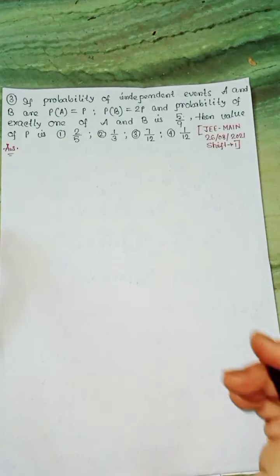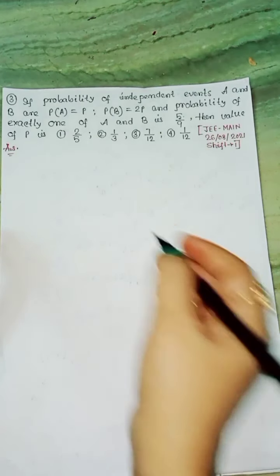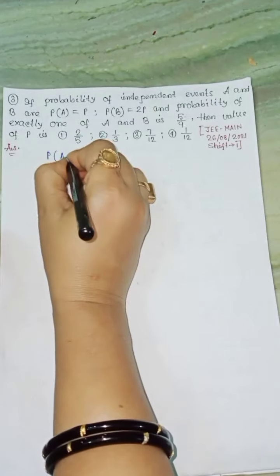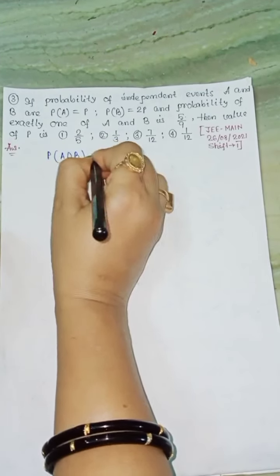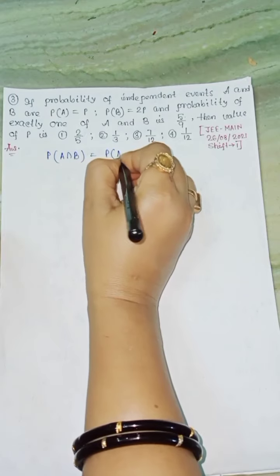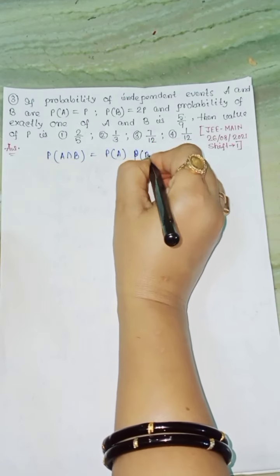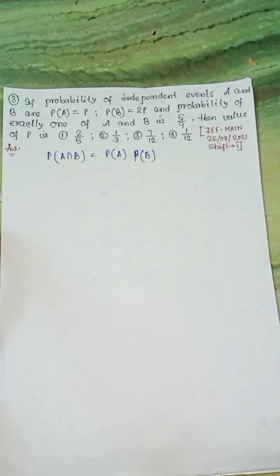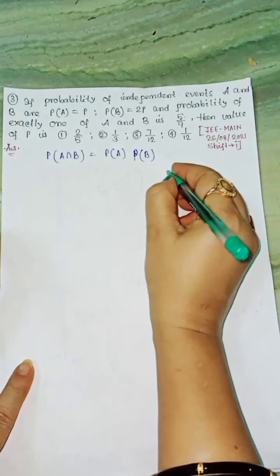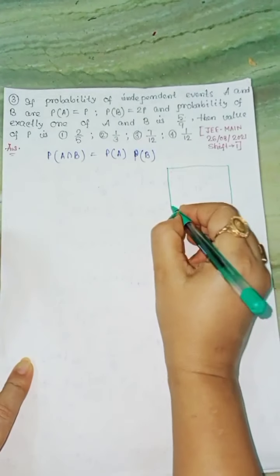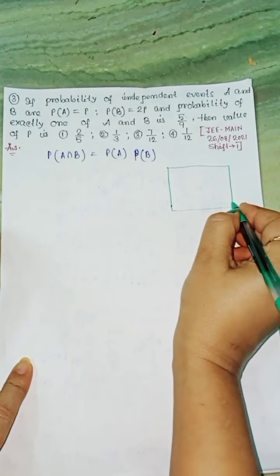So now we know from probability that P(A intersection B) is equal to P(A) into P(B). At first, let me draw a picture applying a Venn diagram.